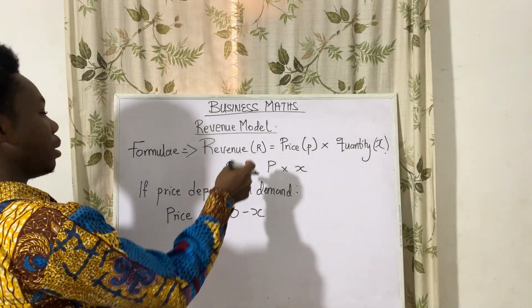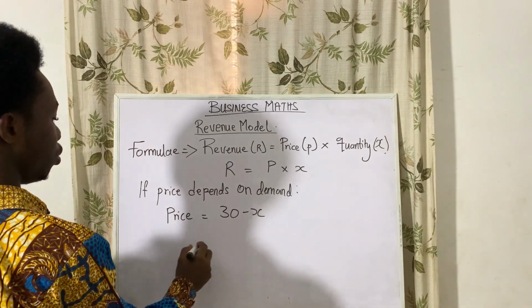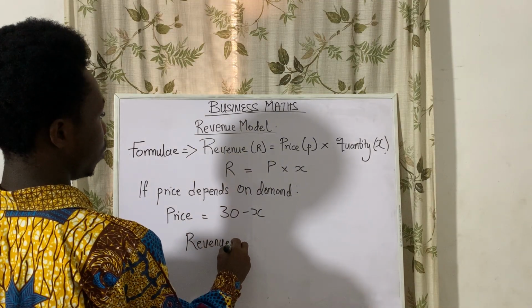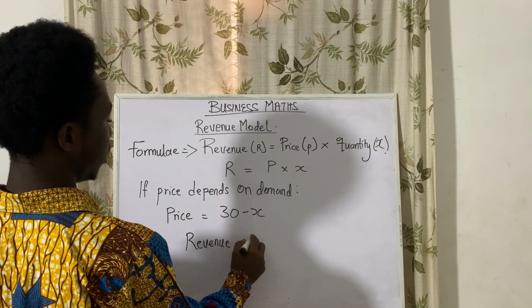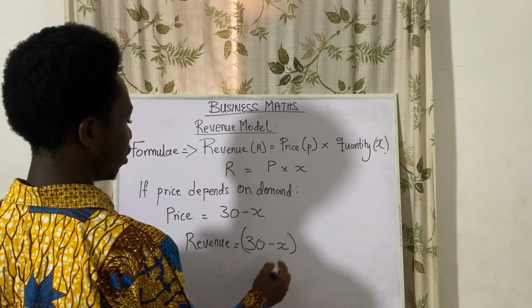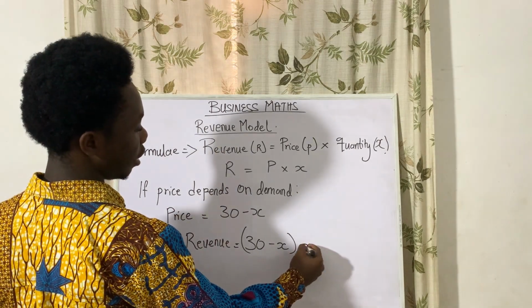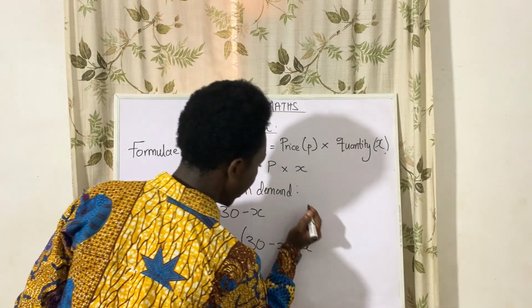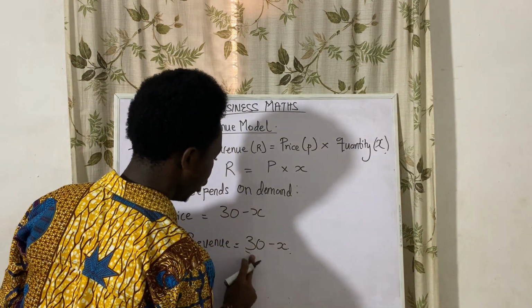So now let's substitute this in the formula. Revenue is equal to price, so 30 minus X, times X, which is the quantity. For you to understand, let me remove the brackets.